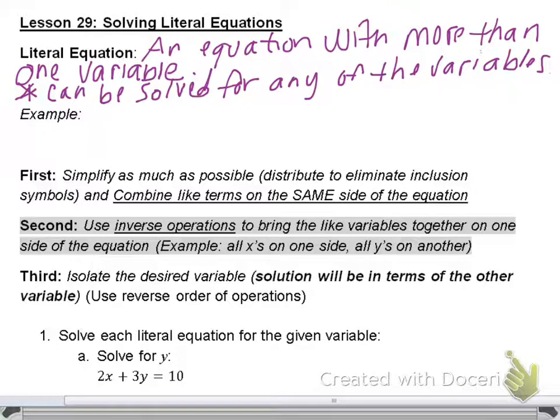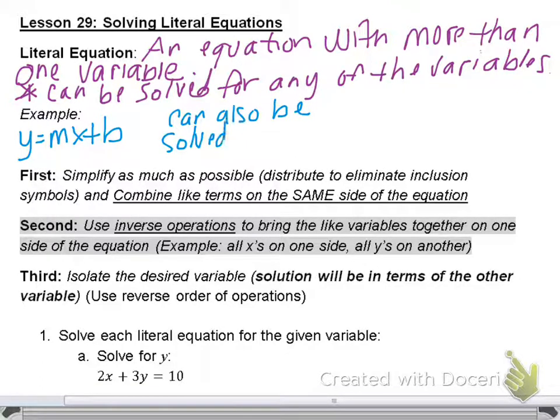So an example of that would be y equals mx plus b, an equation most of us know, slope-intercept form, but it can also be solved for x. It doesn't have to be y equals.